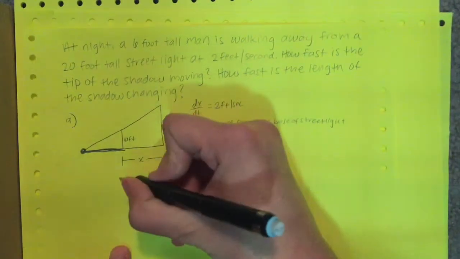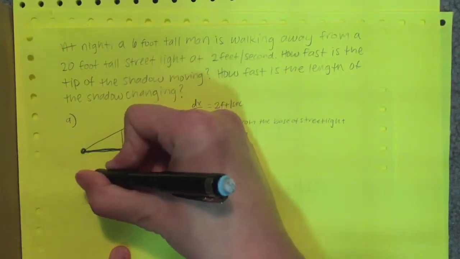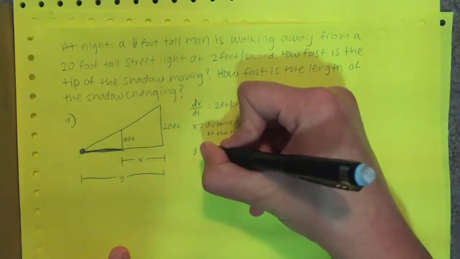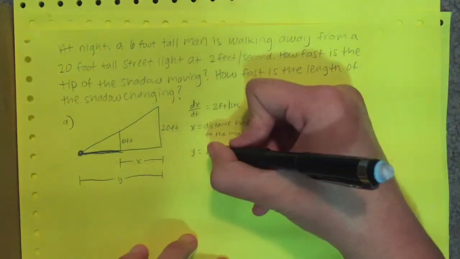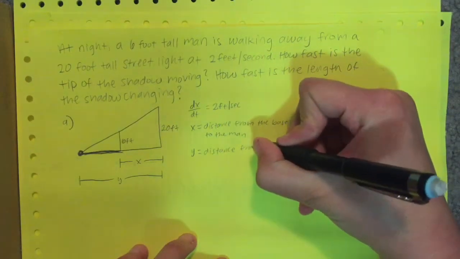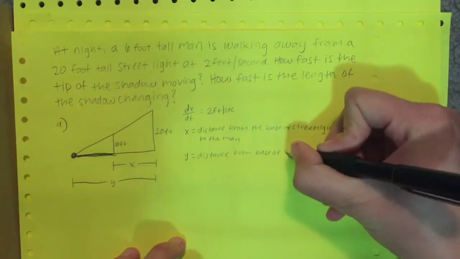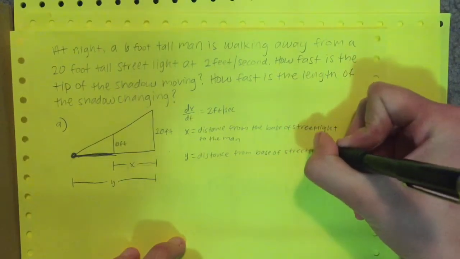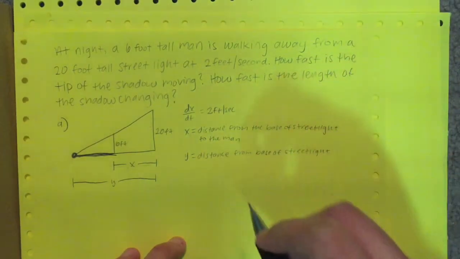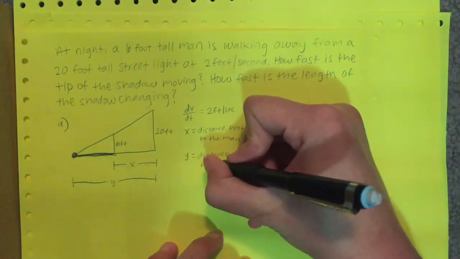And let's call this distance y, where y is the distance from the base of the streetlight to the tip of the shadow.